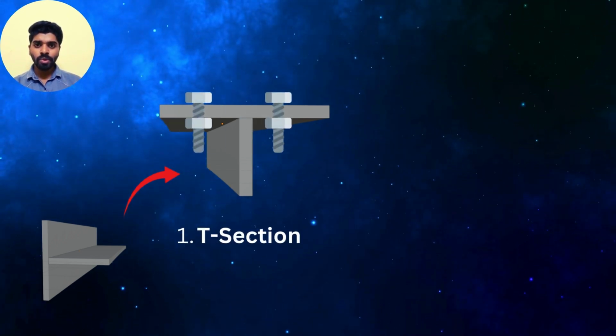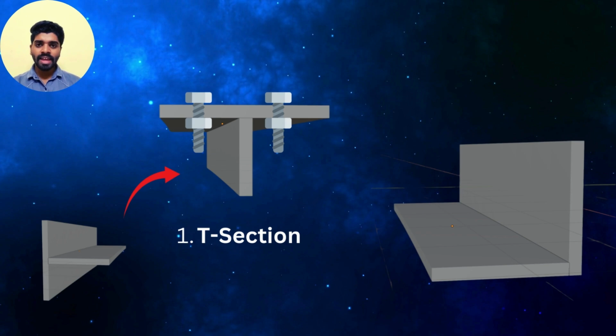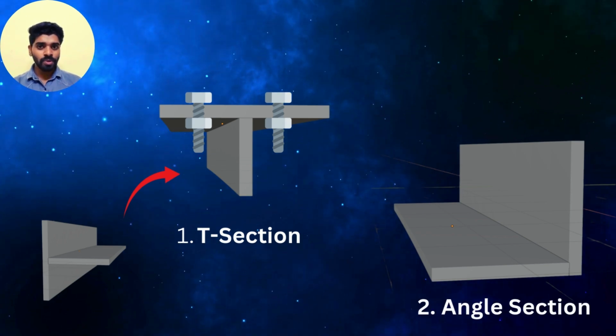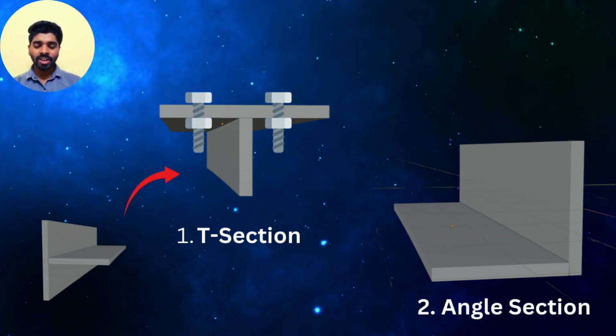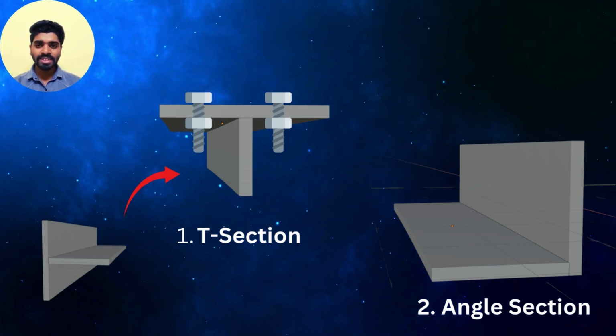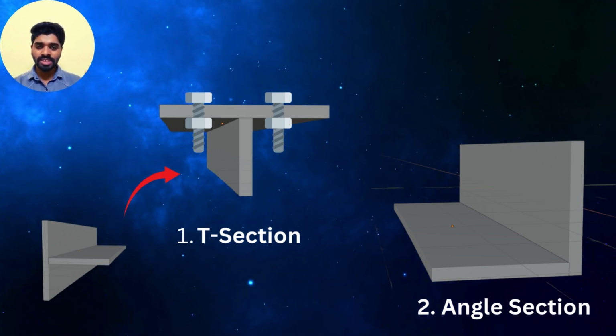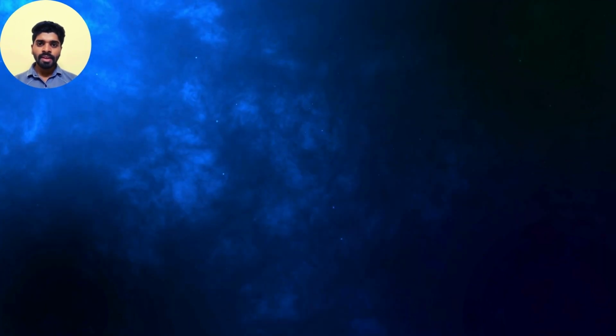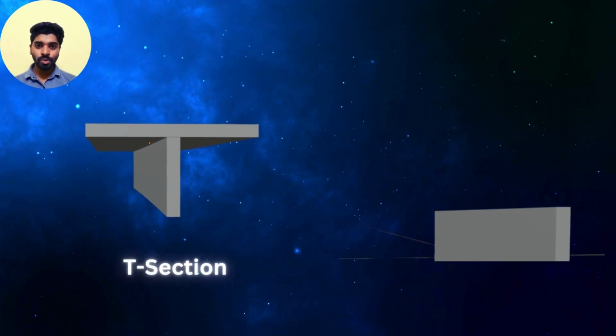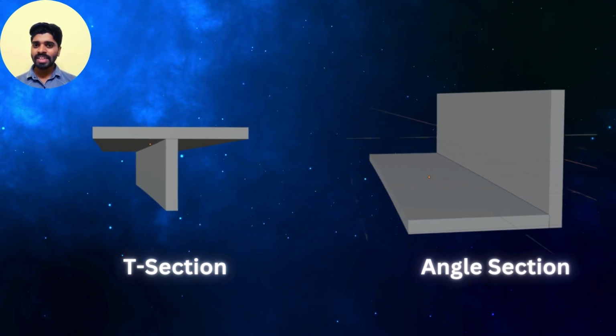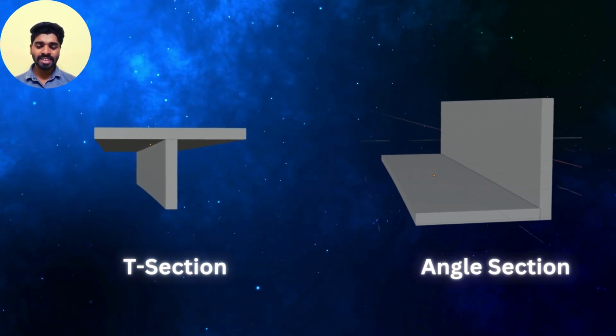Here we can connect bolts on both sides of the plate, and this can transfer more forces. And the second option becomes the angle section, and to transfer less forces we can use this second option. Now here we have two sections ready with us. One is the angle and another is the T section.